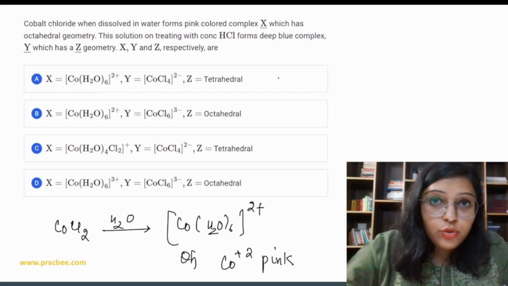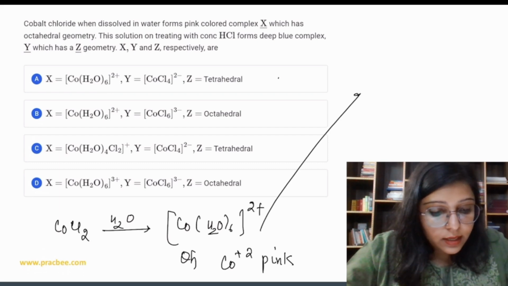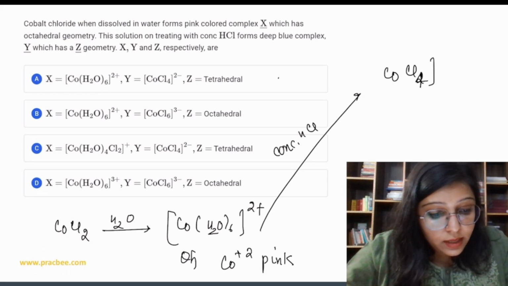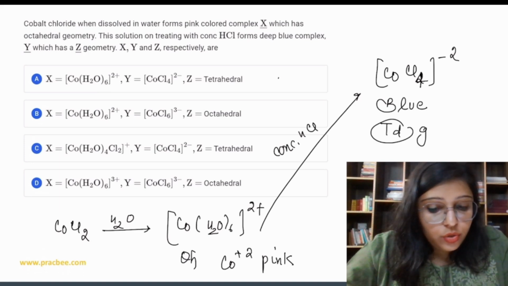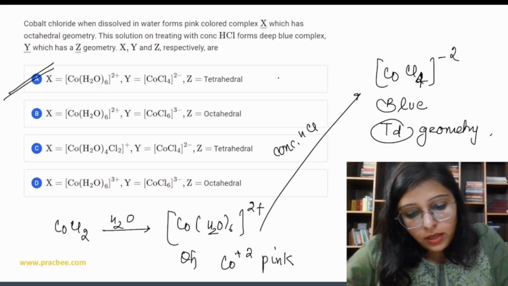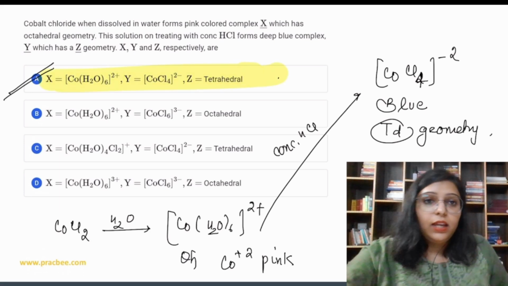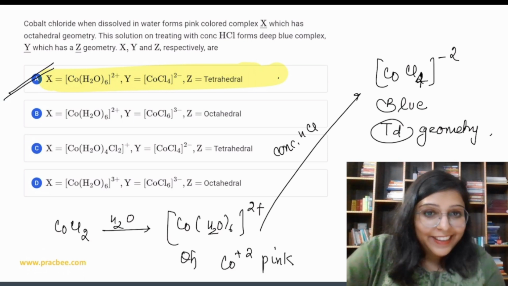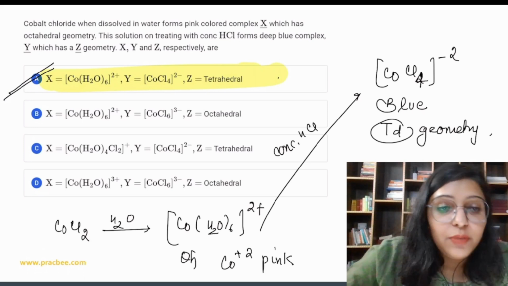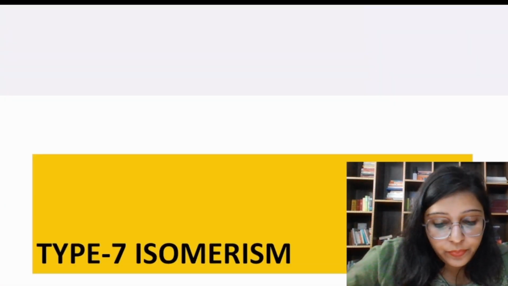Now, the solution on treating with concentrated HCl: if you treat this with concentrated HCl, then you get [CoCl4]2-, and the color is blue, and it is going to have tetrahedral geometry. So the answer is going to be option A. You have to remember this, learn this. So [CoCl4]2- is blue in color with tetrahedral geometry.